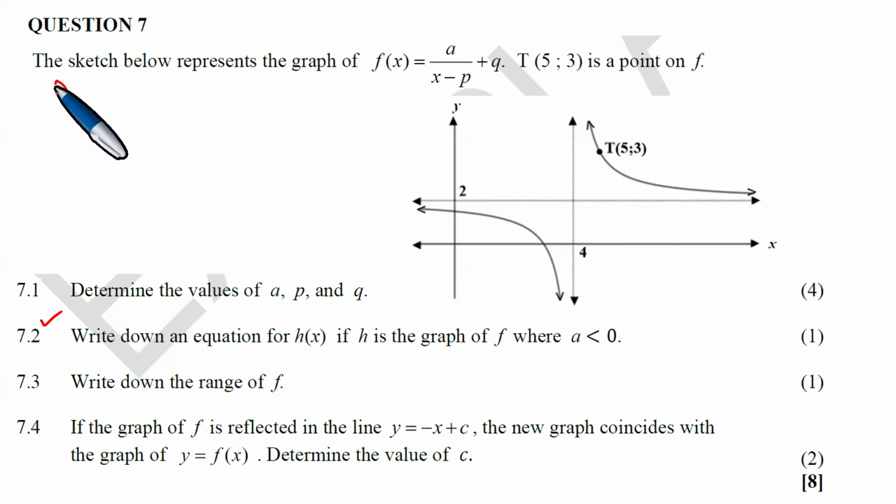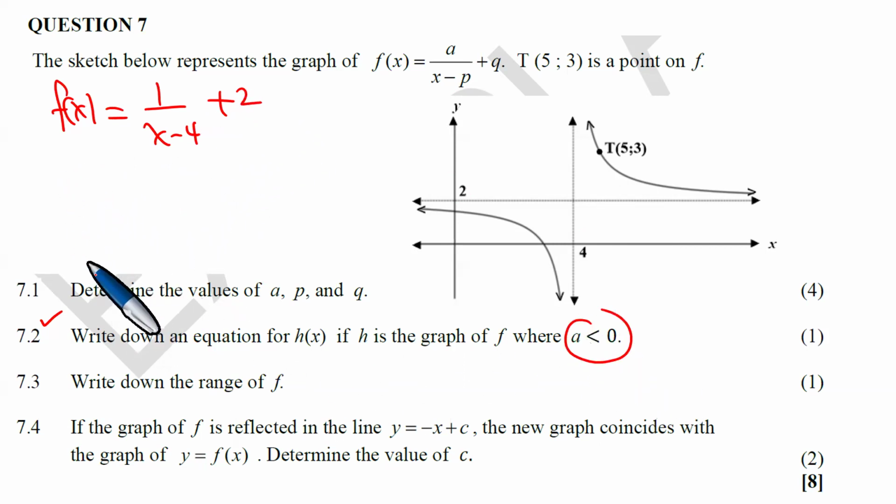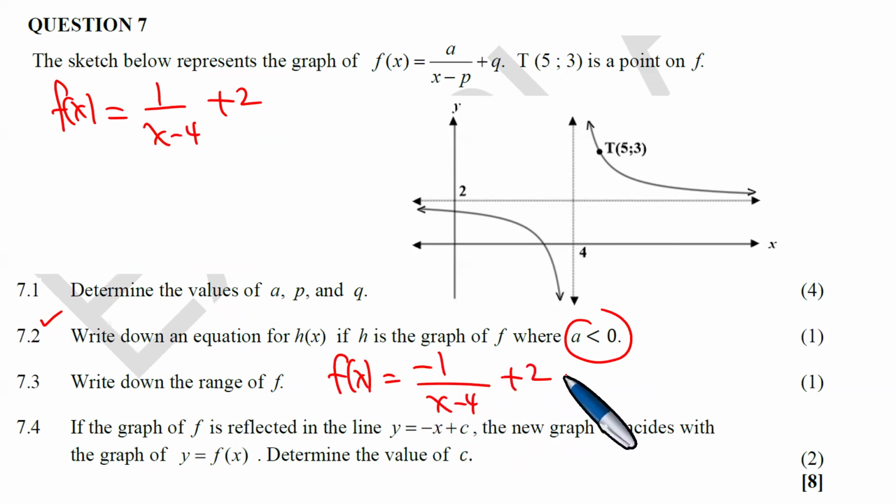You remember that the graph of f itself is given by 1 over x minus 4 plus 2. If a is negative, that would mean you have the graph of f of x, but it's at the top and it's negative, so it's minus 1 over x minus 4 plus 2, like this.